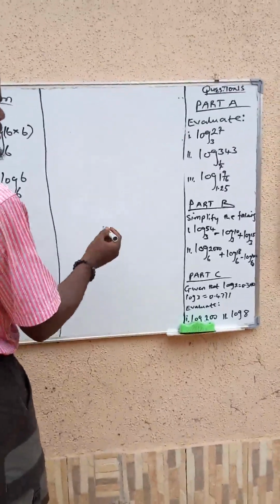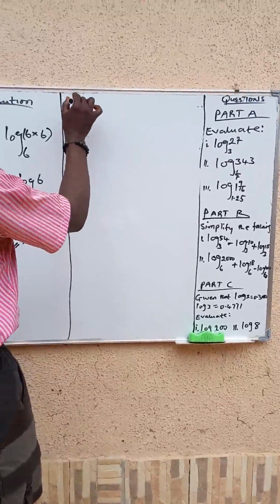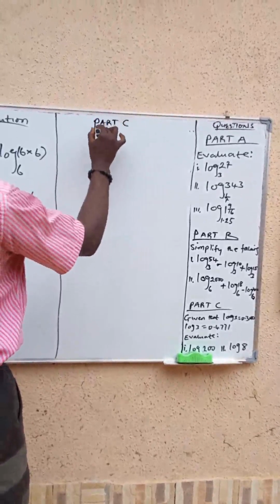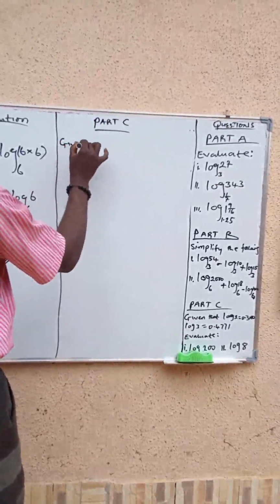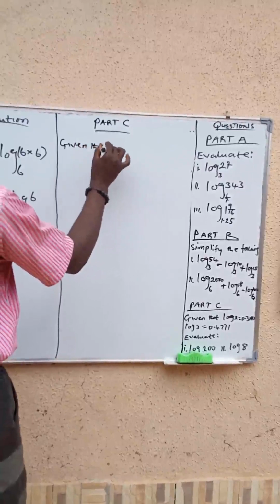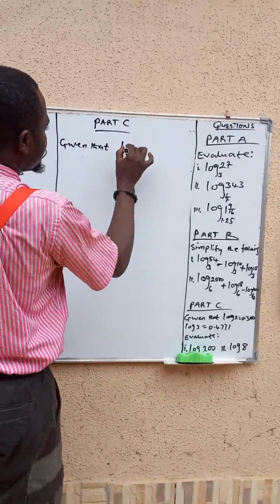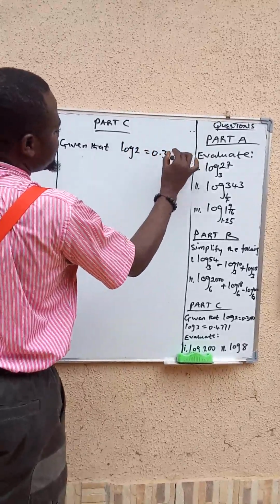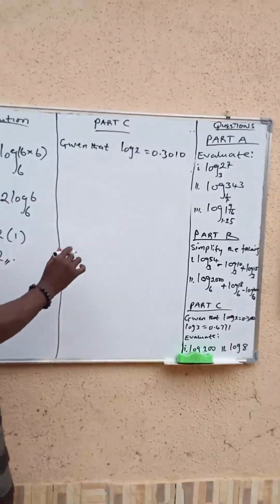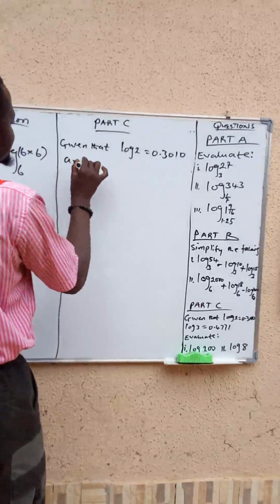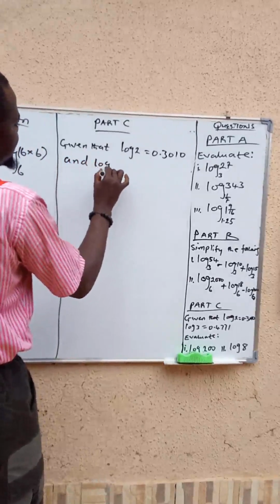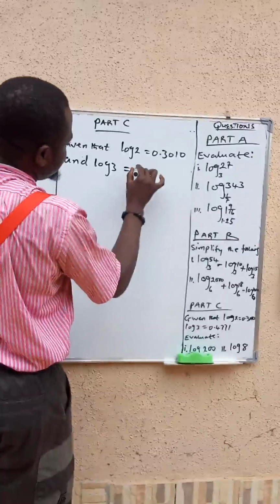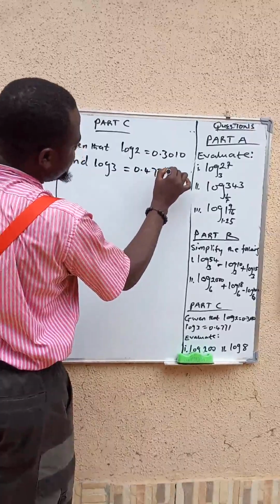Given that log 2 is equal to 0.3010, some of us are very conversant with this already, and log 3 is equal to 0.4771.